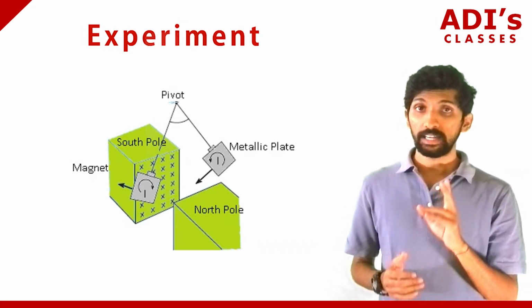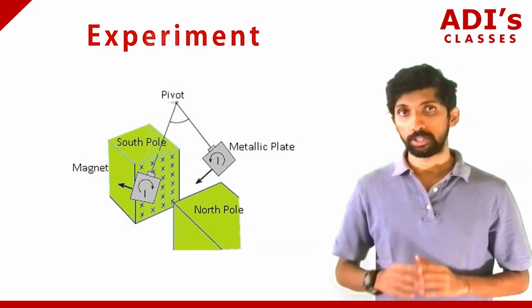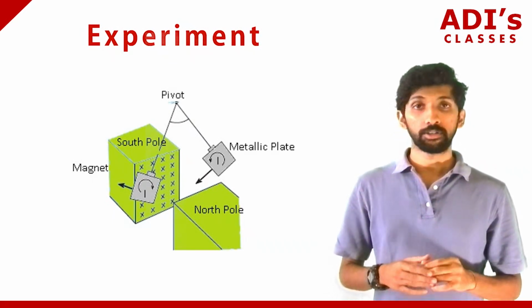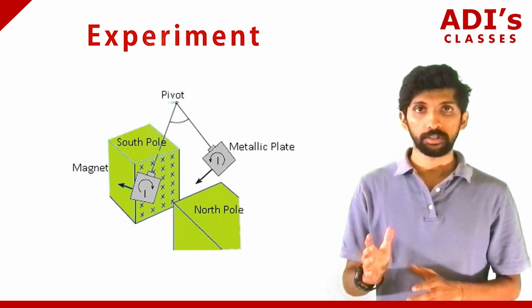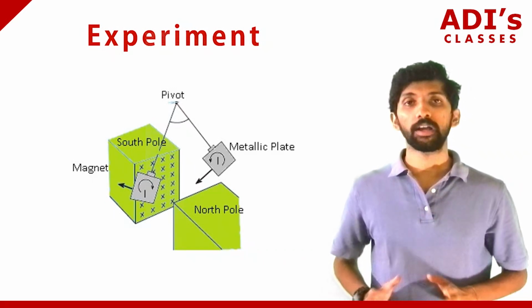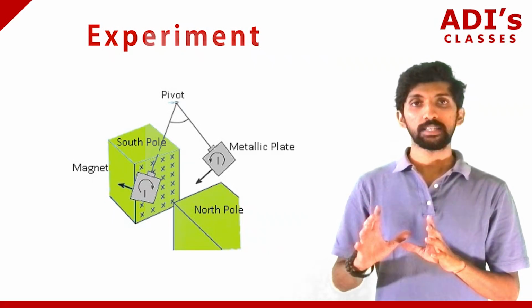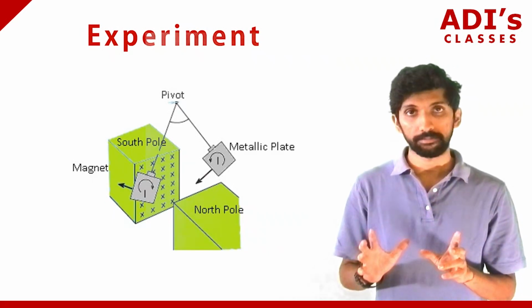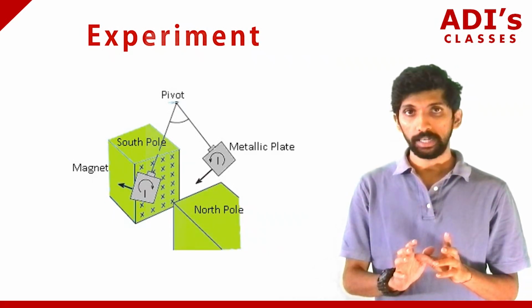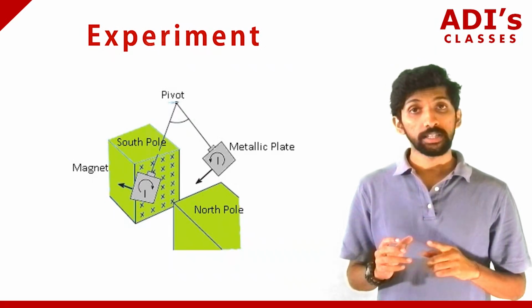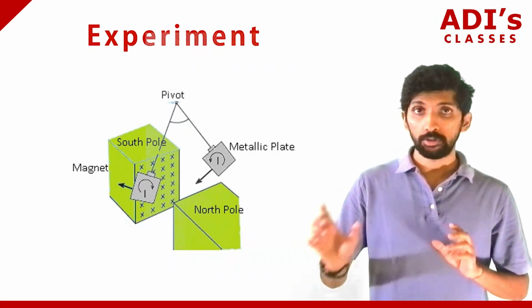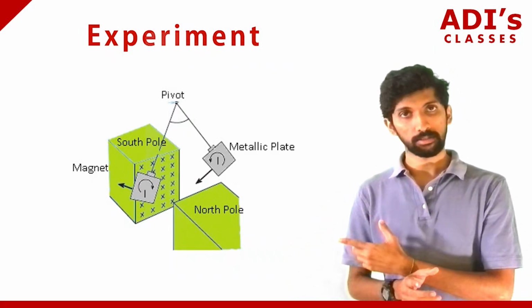Now the second one, which is very important, you will know why this experiment is important in just a while. Let's say you have a metal plate. The metal plate is moving in an oscillatory motion between two permanent magnets, as you can see in the picture.